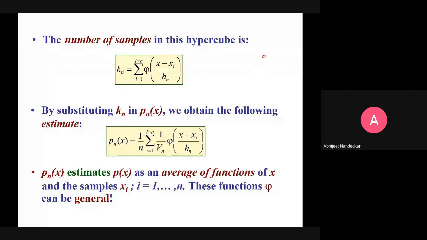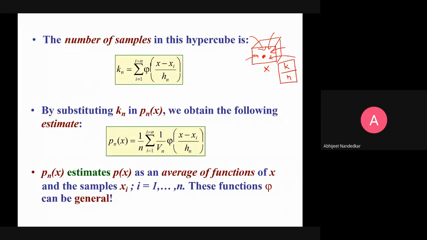If this is the x given to you, you are going to fit a box around it like this, and then you want to see how many samples out of n samples fall into this volume.